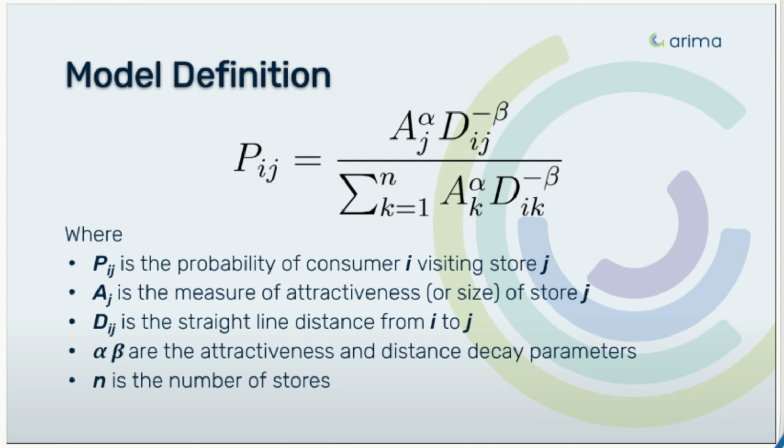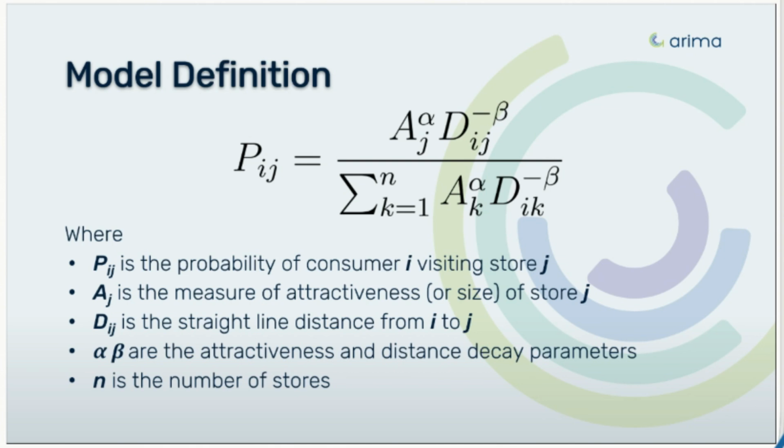The logic is if something is really, really far from you, your likelihood of going to that location will drop exponentially. If something is a 10-minute walk from you, maybe you'll go there. If something is 10 times as far as that, you're not just 10% as likely to visit that location. You're probably not going to go there at all. So there is some exponential decay when locations are very, very far.